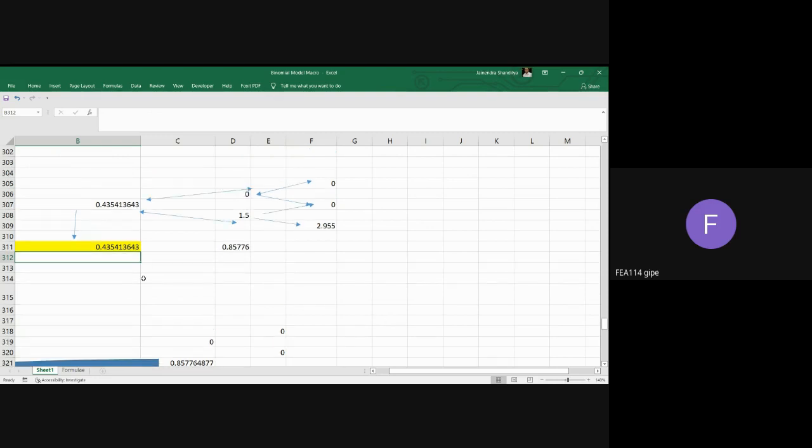Can you see this? The price of this put option is 0.4354, which is different from the European put option you saw. If you go back and check, you'll find it. This is markedly different from the European put option. So this is how the American put option is different.